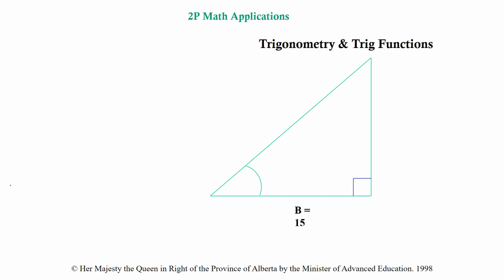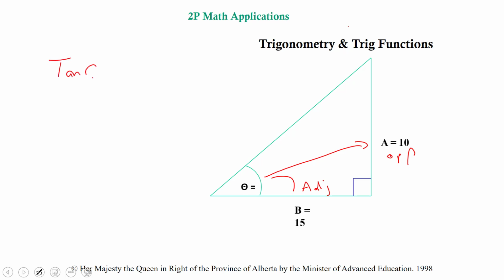In this case, we're given side B, which is 15, and side A, which is 10, and we have to determine the angle. So we have to determine the correct ratio. We've got the side opposite the angle and we've got the side adjacent. The best option for this one is the tan ratio because it uses both of those.